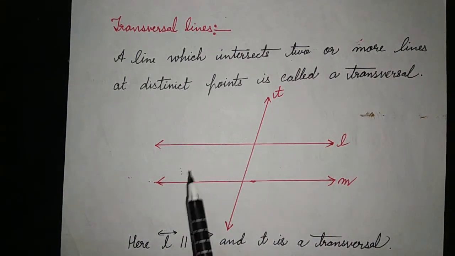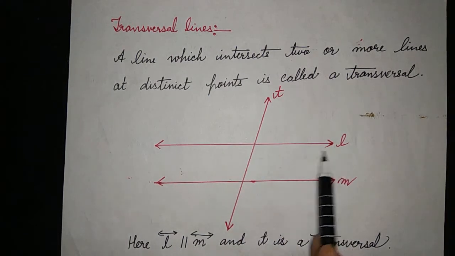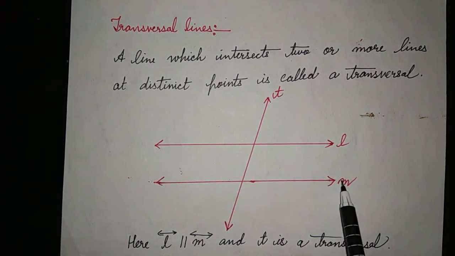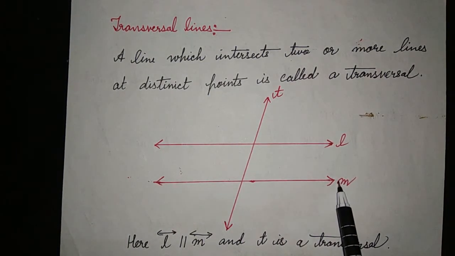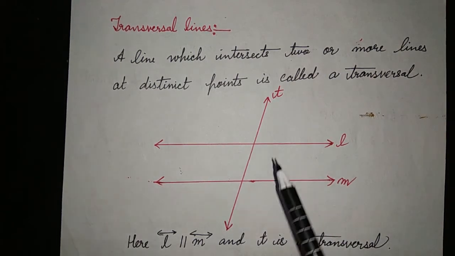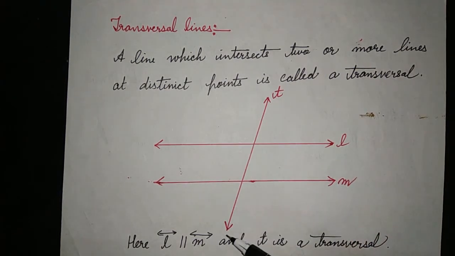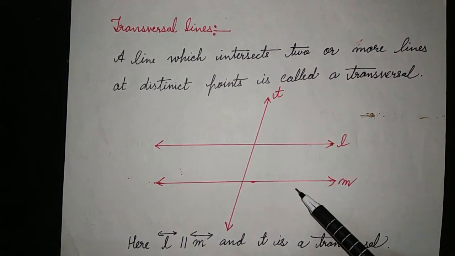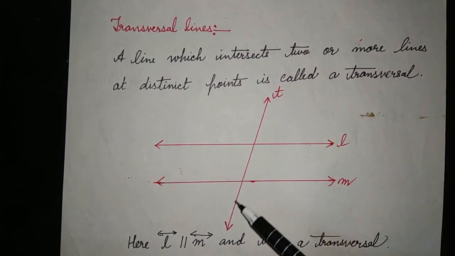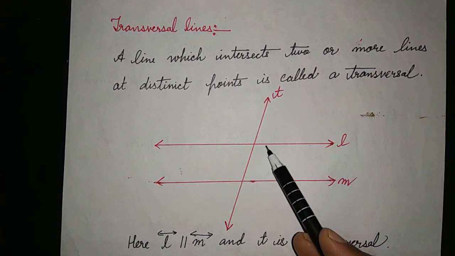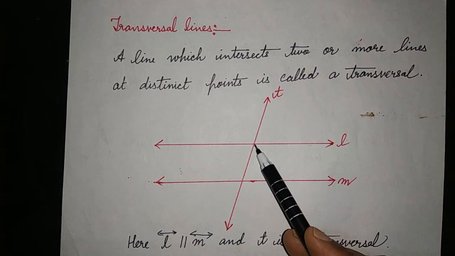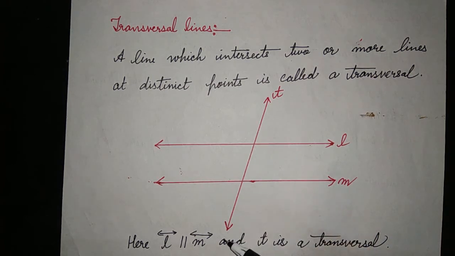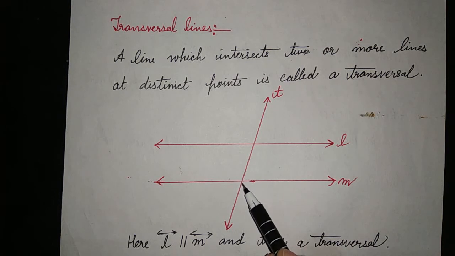Here on this plane you can see two parallel lines, line L and line M, and you can see line T is intersecting both line L and M. Here T is intersecting line L, and the same line T is intersecting line M here.